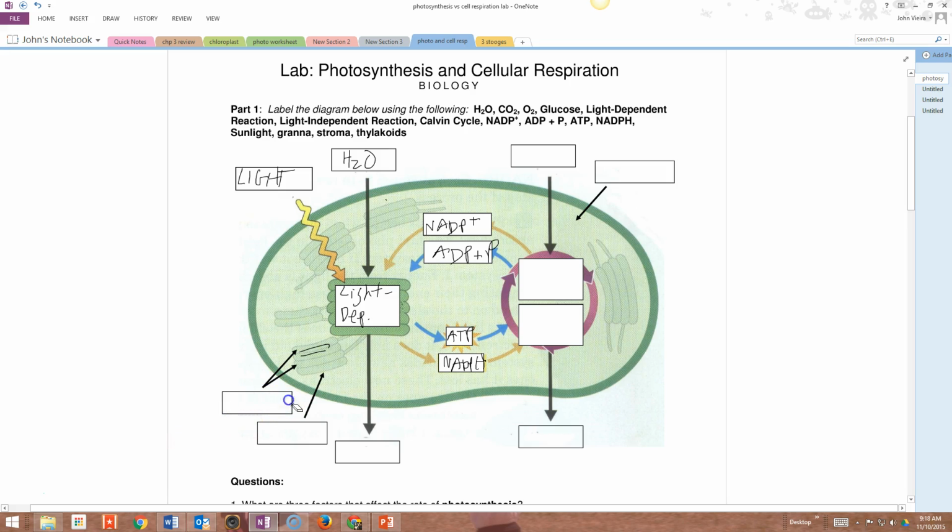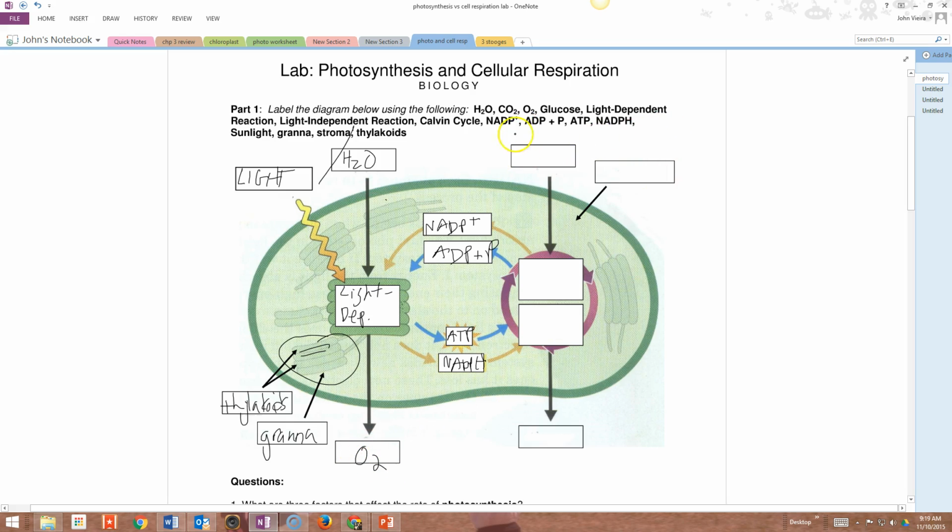Oh, no, you're right. It's pointing to two thylakoids. And the whole thing is one of the grana. When we split water from light, we split water into oxygen gas.